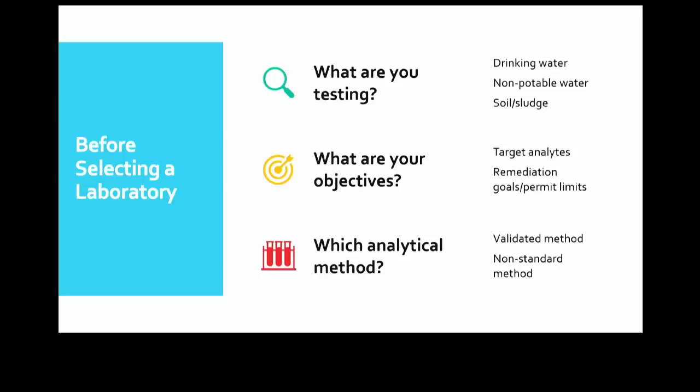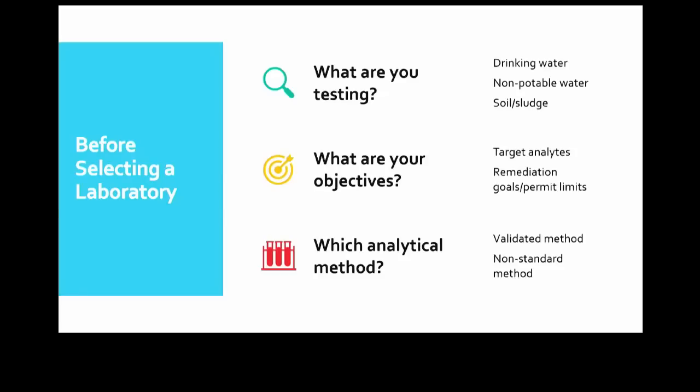We talked a little bit about analytical methods, and I'll pause here and make a few more points. There are validated methods. These are methods that are developed by, for example, EPA and standard methods.